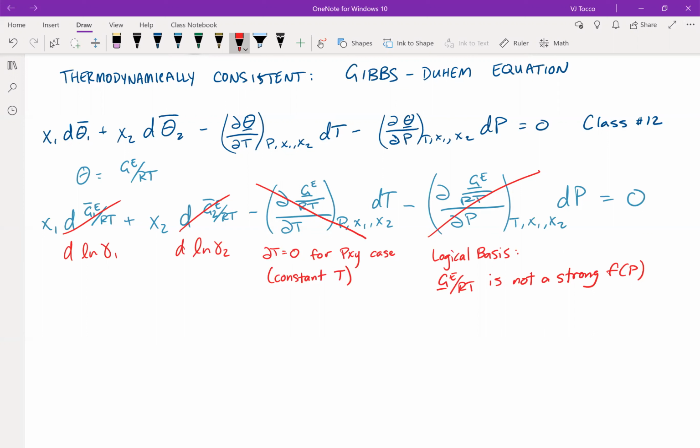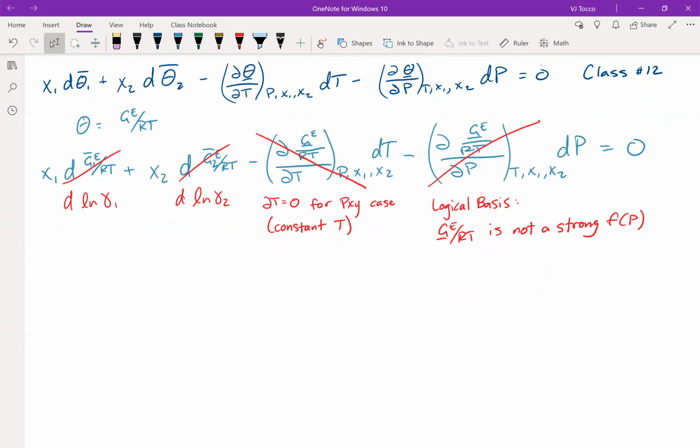And then I have expressions for what those gammas are. So ln of gamma 1, you can also say, is this one. So I'm just going to rewrite the equation and substitute in as I go.